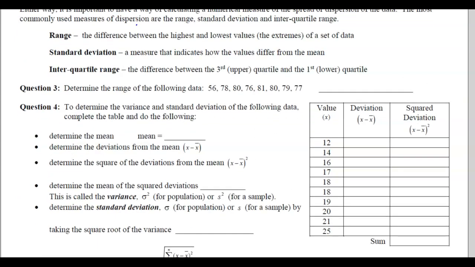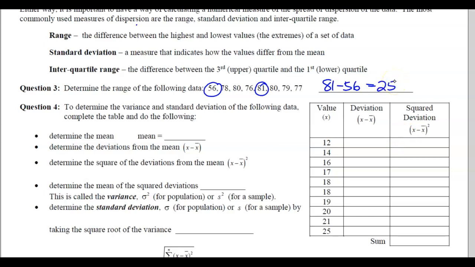All right, so in the next question here, determine the range of the following data. You don't need to enter them into your calculator. The range is just the highest minus the lowest. So do a quick scan, 81 minus 56. So that's 25.